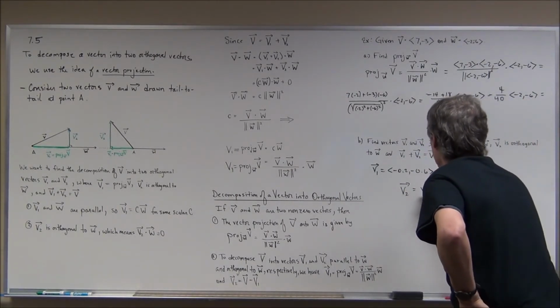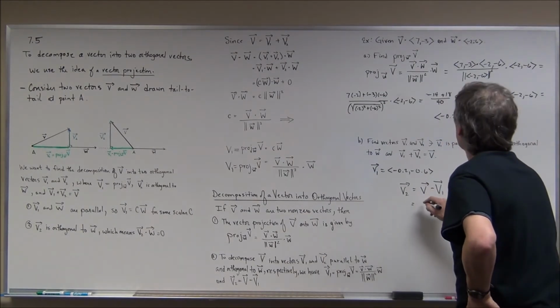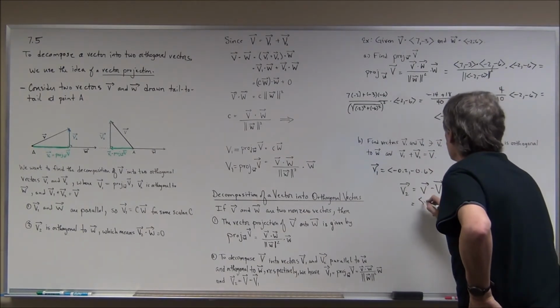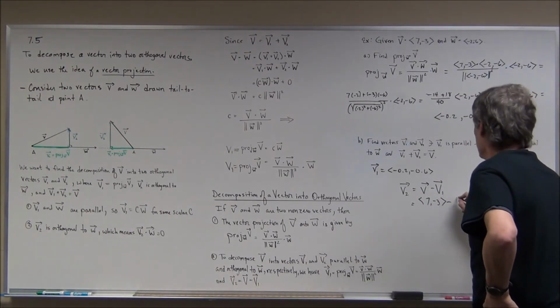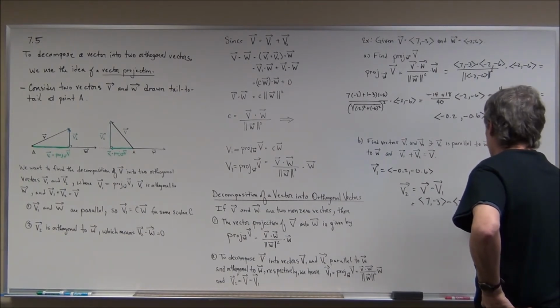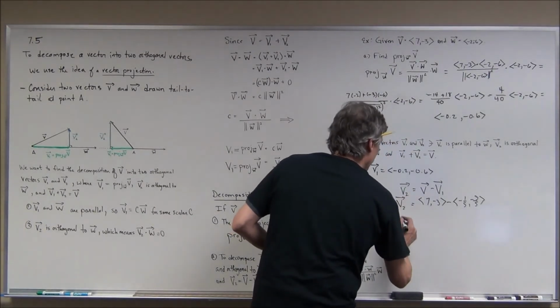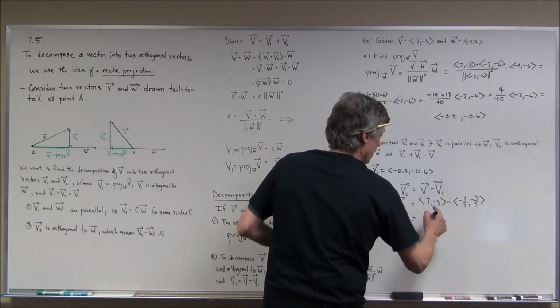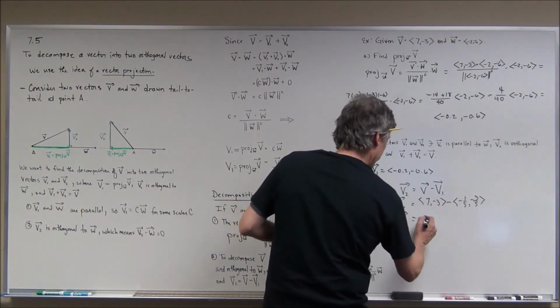by doing vector V minus vector V sub 1. So vector V is (7, -3), and vector V sub 1, let's write it as (-1/5, -3/5), if that helps. So vector V sub 2 would be equal to 7 minus a negative 1/5.